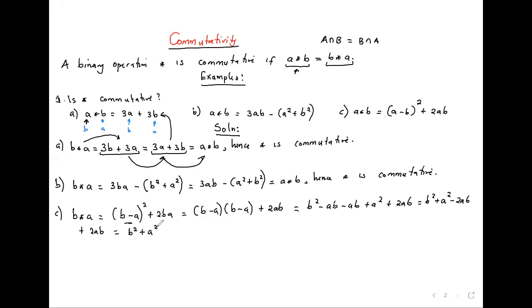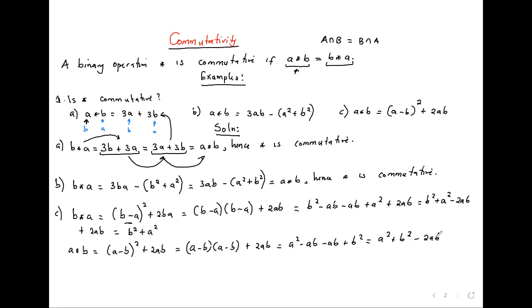Now we did not expand the question, a star b. So let's now expand a star b. a star b is (a minus b) squared plus 2ab, which is (a minus b) multiplied by (a minus b) plus 2ab, which is a squared minus ab minus ab plus b squared, which is a squared plus b squared minus 2ab.